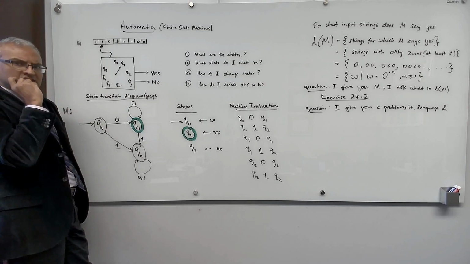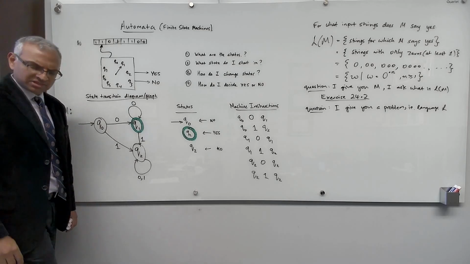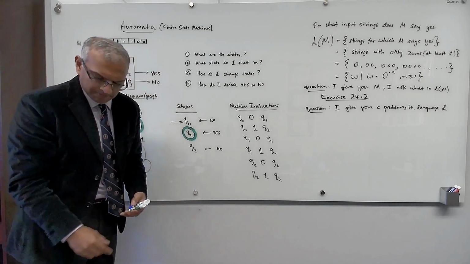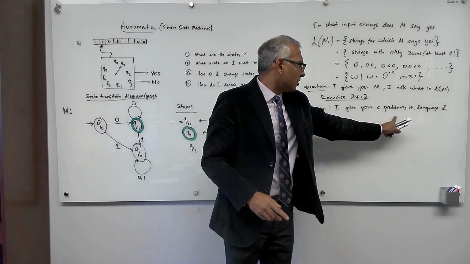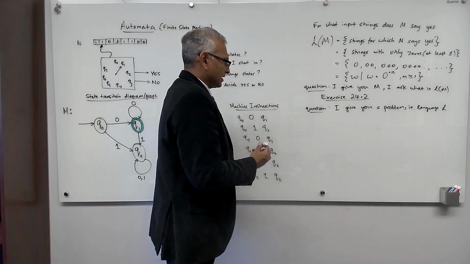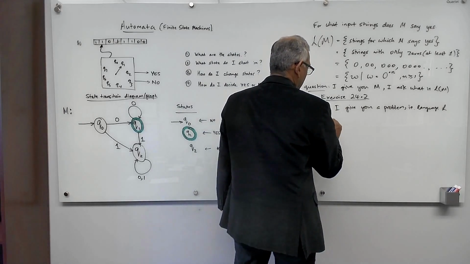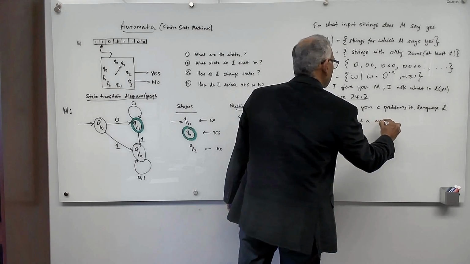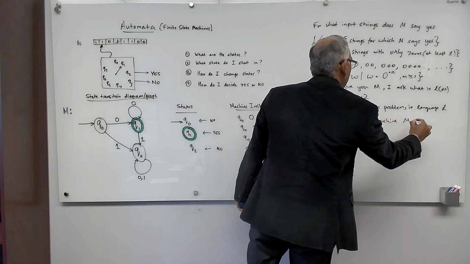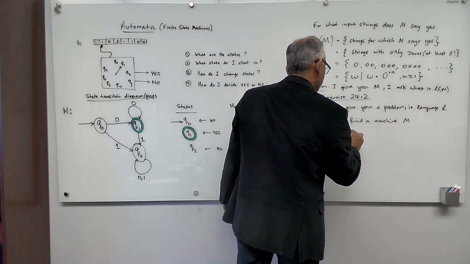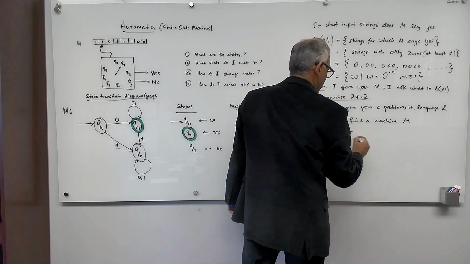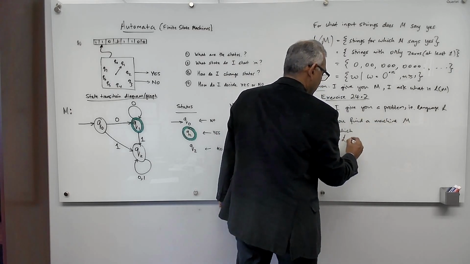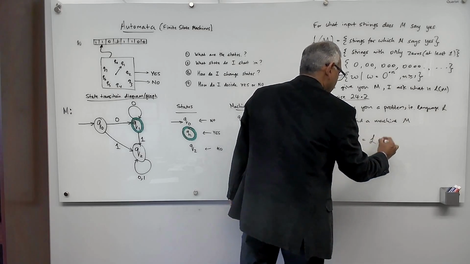So that's what we're going to discuss next, and we're going to discuss it through examples. I give you a problem, i.e., a language L, and I ask, can you find a machine M for which the problem solved by M, so L of M, is equal to L?